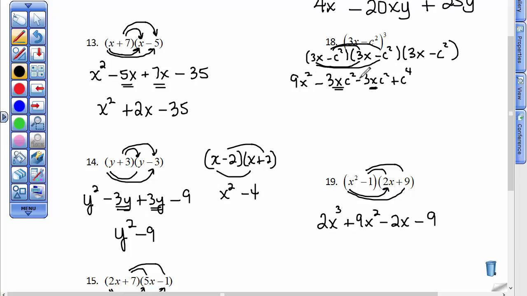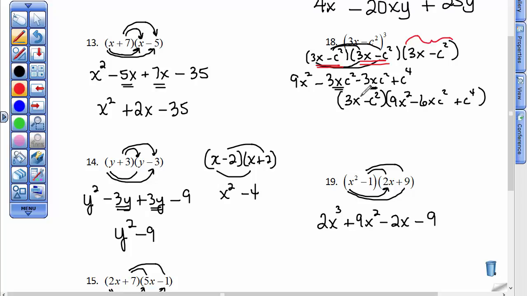I'm going to move this right here, which is going to become a trinomial. I'm going to move it over here. So I'll have the 9x squared, and then I'll have minus 6 of those x c squareds plus c to the 4th. And now that answer has to be multiplied by 3x minus c squared because I haven't taken care of this one yet. I've only done these two right here.